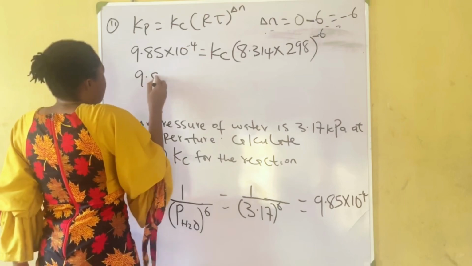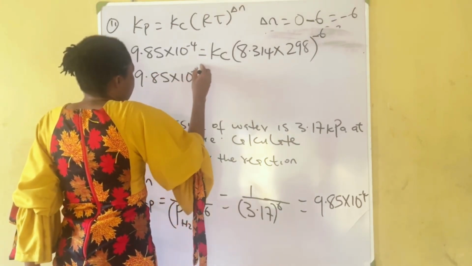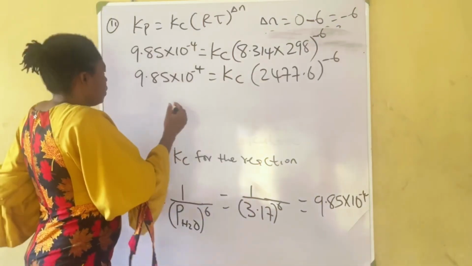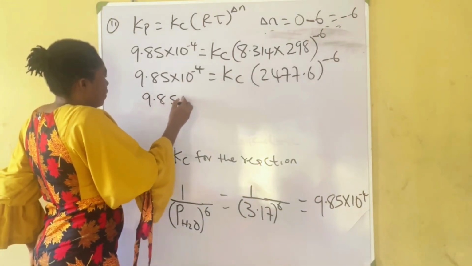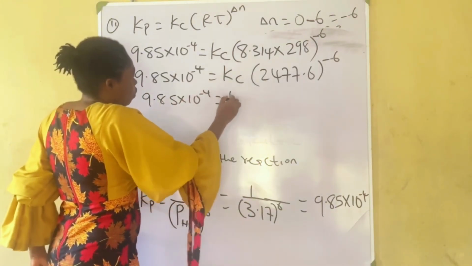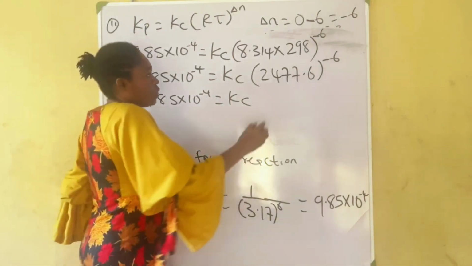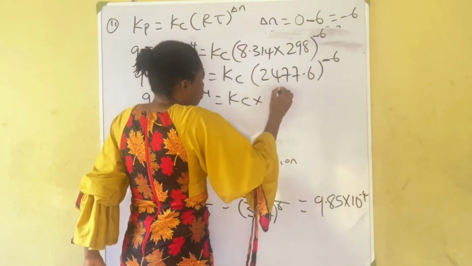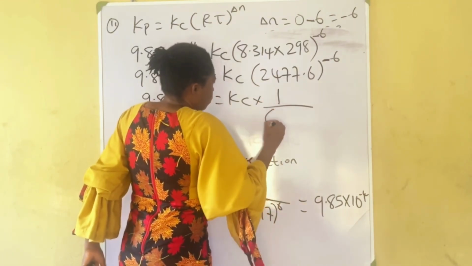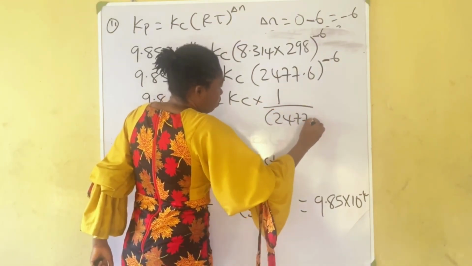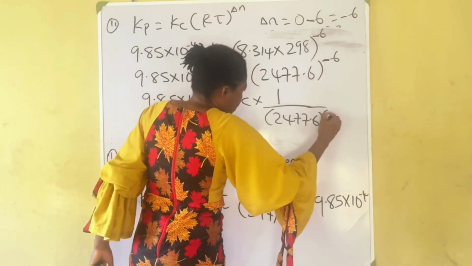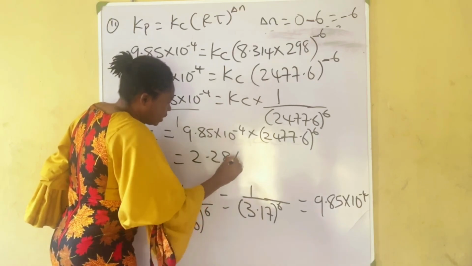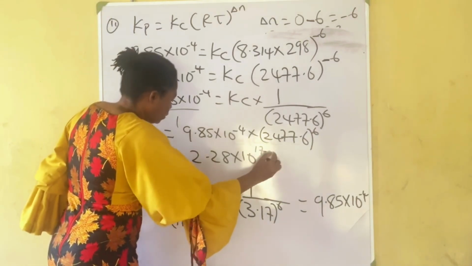So 9.85 times 10 raised to the power minus 4 equals Kc times 2477.6 raised to the power minus 6. If you want to remove this inverse, it will now be times 1 over 2477.6 raised to the power 6. So Kc equals 2.28 times 10 raised to the power 17.